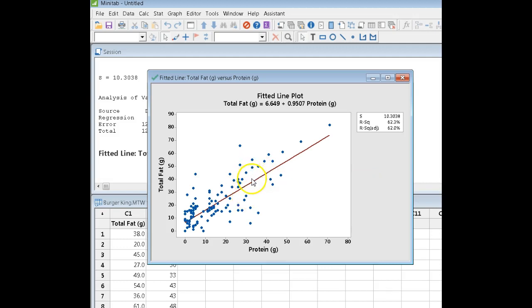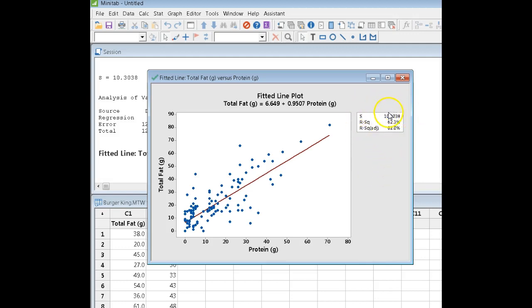Some of my points are above the regression line, so they will have positive residuals, and some of them are below the line, so they'll have negative residuals. And if I took all of those, squared them, added them all up, divided by the number of data points minus 2, and took the square root of the whole mess, I would get the standard deviation.